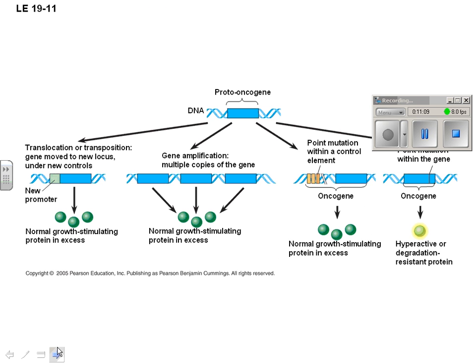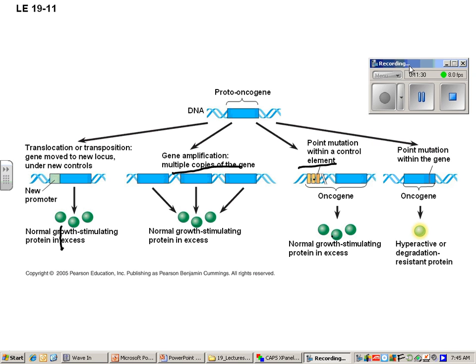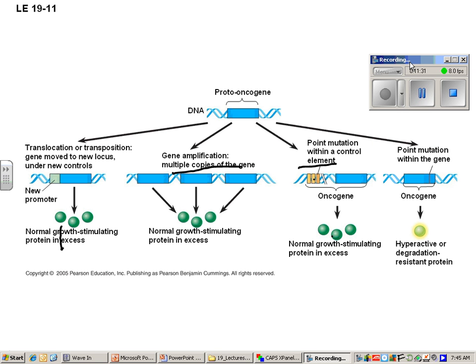I don't think you really need to know this, but here's the normal growth protein. A proto-oncogene can have problems in many ways. We can get too many copies of the gene. We can get a mutation in a control element that makes it produce too much growth protein, or we can get a mutation in the gene that makes a hyperactive protein.